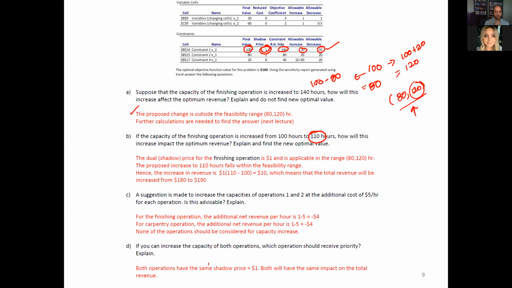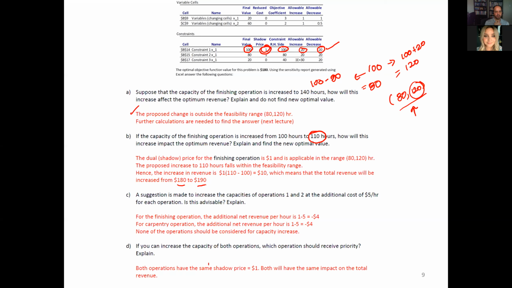Hence, the increase in revenue is that dollar times the number of time periods that you're increasing. In this case, it's 10 hours. So you will make an extra $1 for each hour that you're increasing your operation. So in this case, we're going from 100 hours to 110 hours, which means that we can increase our profit by 10 hours times $1, which is $10, which means that the total revenue will be increased from $108 to $190.